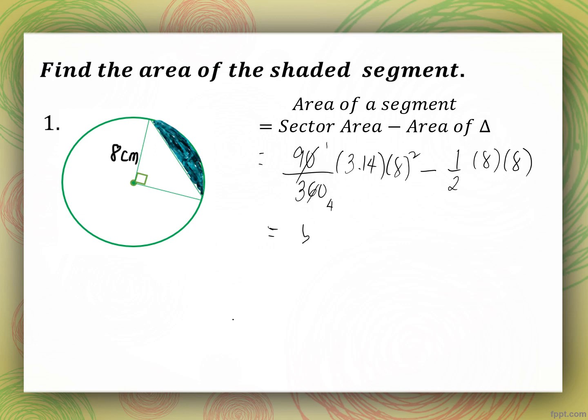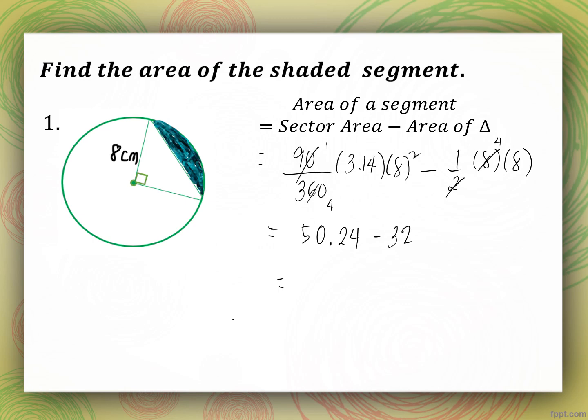If we do that one, we will get 50.24. And then, of course, here 1/2 times 8 times 8. We can cancel out 2, and then 8 will become 4. So 4 times 8, that is 32.